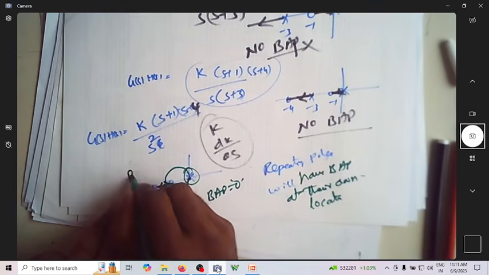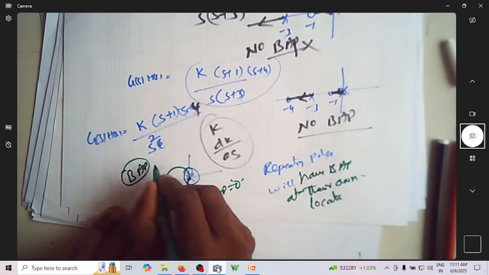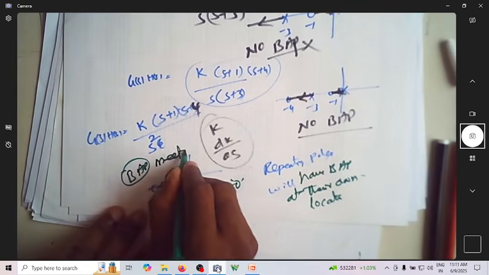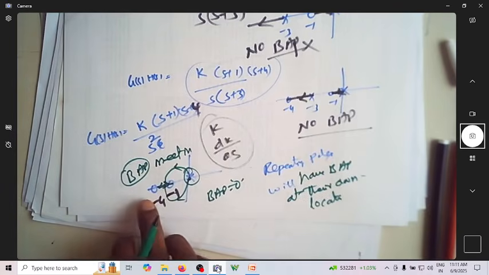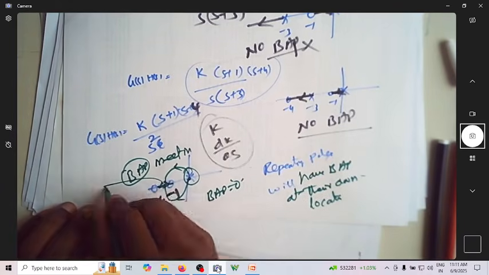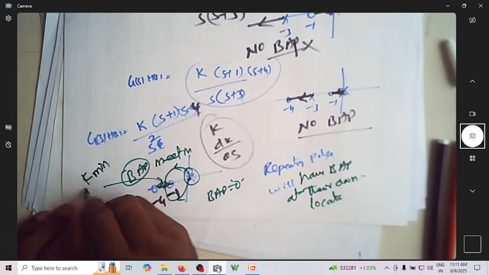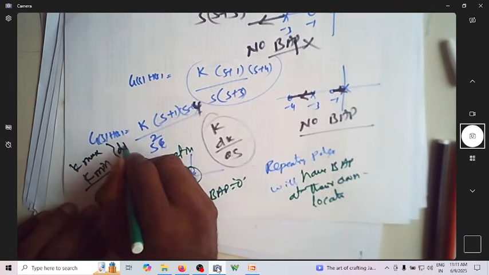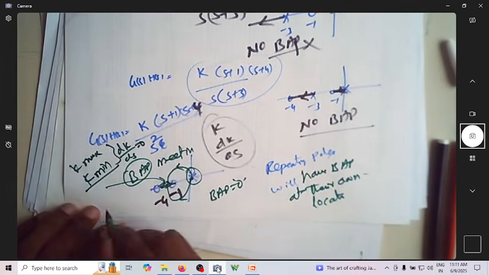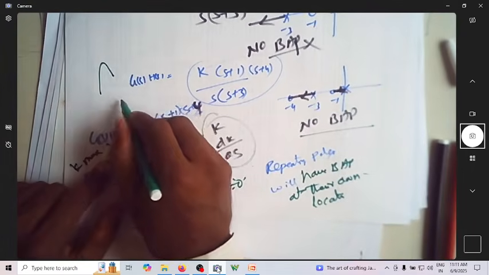So you are supposed to find the BAP or meeting point. We say it is a meeting point where the poles will join together, and here you are looking for K minimum. Whether it is K minimum or K maximum, you can get it using dK by ds equal to 0, because it applies to both the peak and the valley.